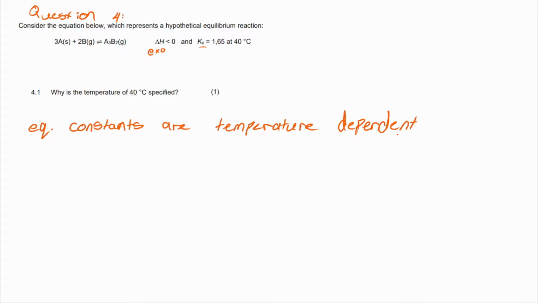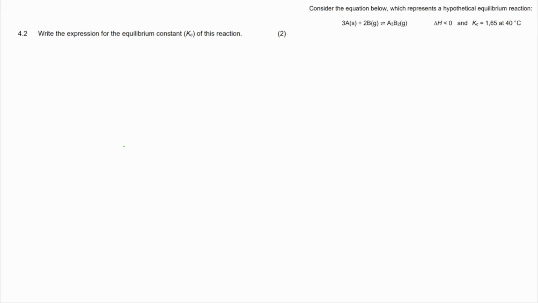It doesn't matter how much of this we start with, or what concentrations we start with, the Kc will stay the same. Even if we add a catalyst, the Kc will be the same. Our reaction will happen faster if we have a catalyst, but the equilibrium constant is constant unless you change the temperature. Okay, so that's why we have to specify a certain temperature.